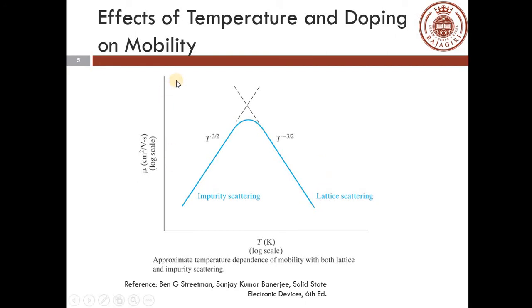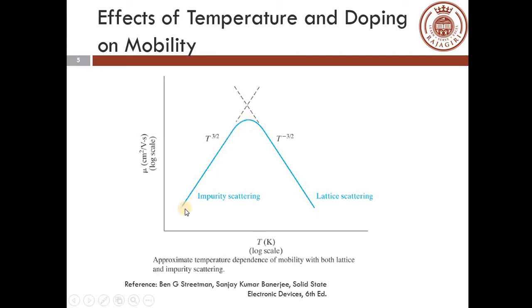Let us look at this graph. This graph shows the variation of mobility with temperature. Mobility is plotted along the y-axis and temperature is plotted along the x-axis, both on log scale. We can see that impurity scattering is dominant at lower temperatures and mobility increases with increase in temperature.